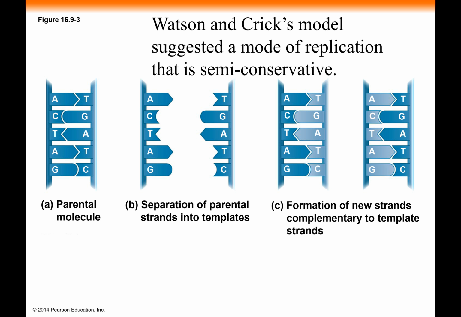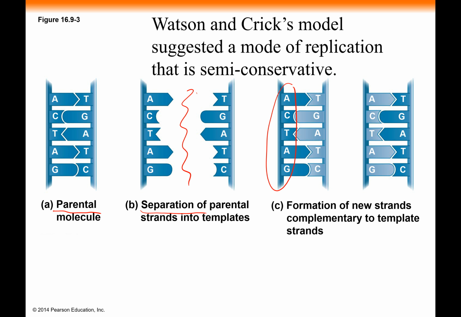One of the things that Watson and Crick did suggest is that DNA replicates semi-conservatively, which basically means, this dark blue represents these 2 parent strands, that those are going to separate or unzip, breaking these hydrogen bonds. And then this old parental strand here serves as what we call a template, a model.